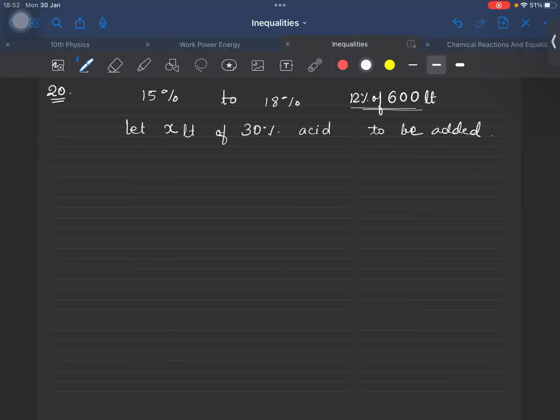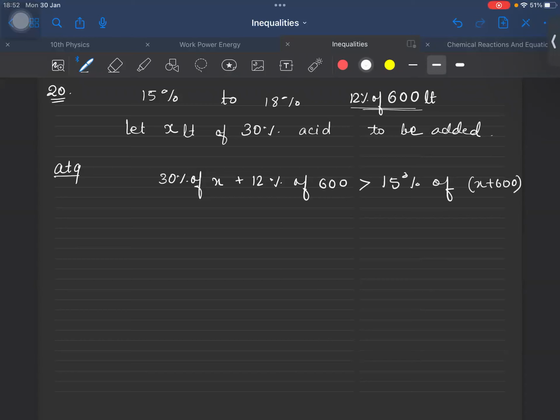Then the total mixture will become X plus 600. So according to the question, 30% of X plus 12% of 600 should be greater than 15% of X plus 600. That's what it says, right?